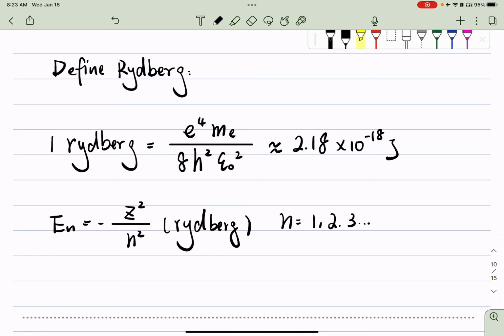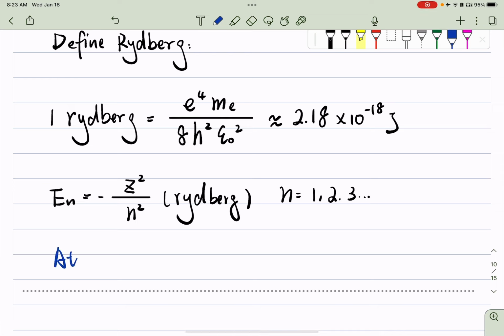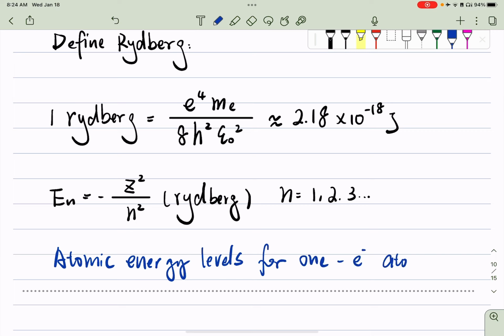So this is the atomic energy levels for one-electron atoms and cations. Well, I shouldn't say atoms because it's only hydrogen.